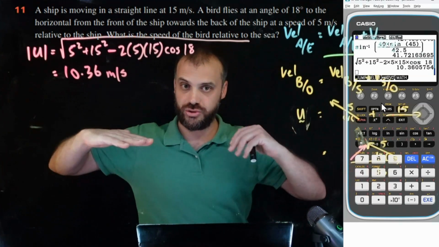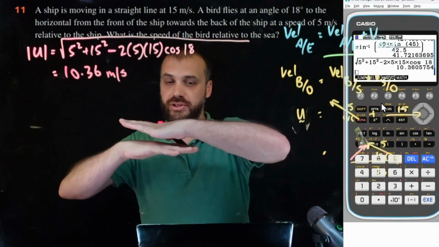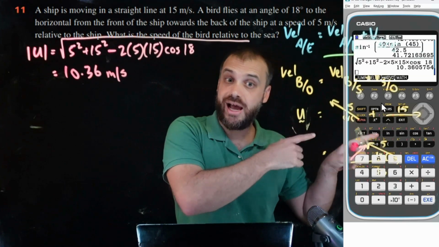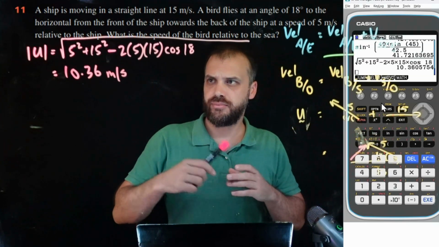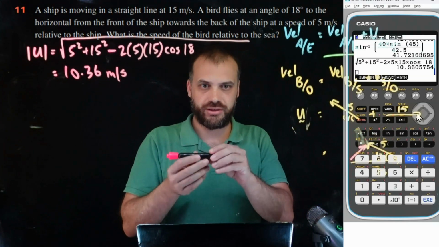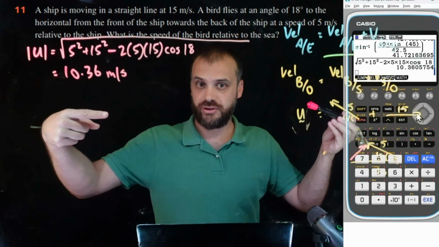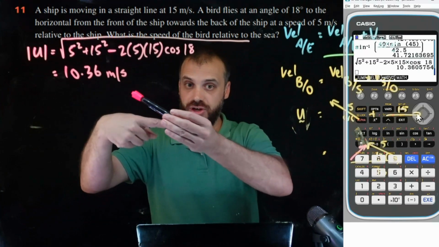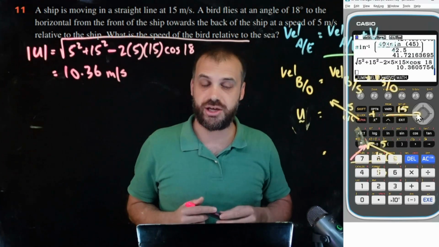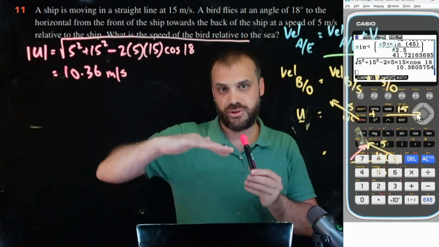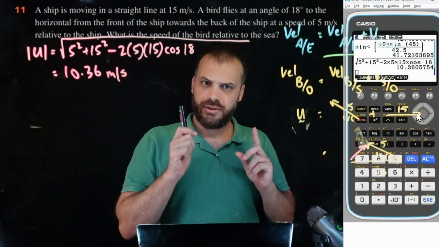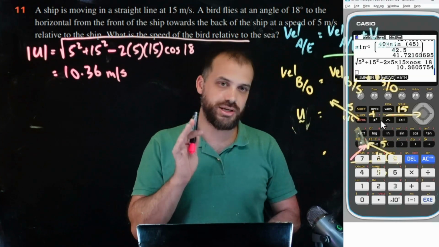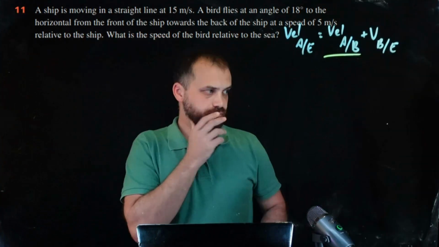The 0.36 comes from the fact that it's not just 15 and 5 to make 10. It's 15 and 5, and you get that slight variation in speed because of that angle. Great question. I'm getting a little bit tight here, but I'm going to keep pushing through. Next question.